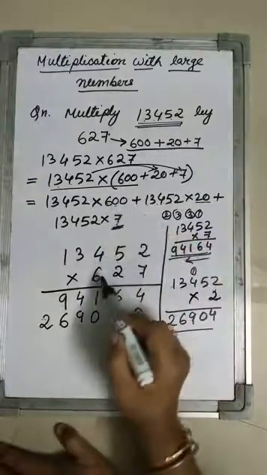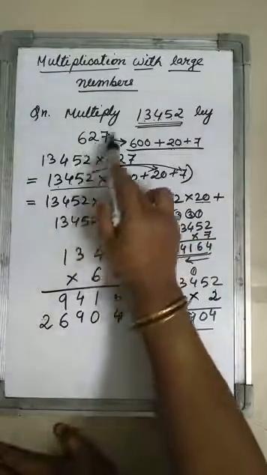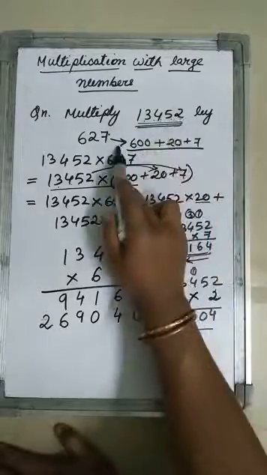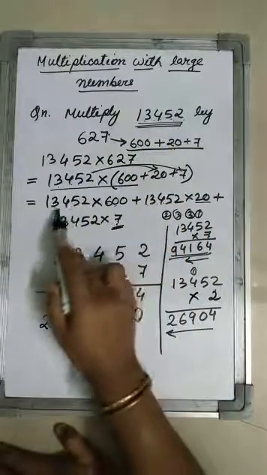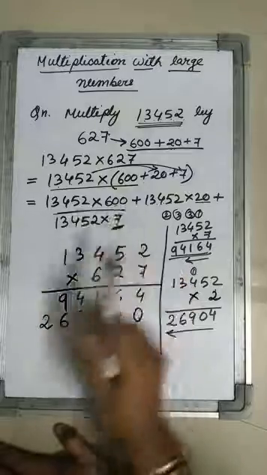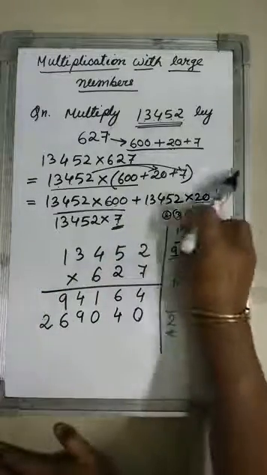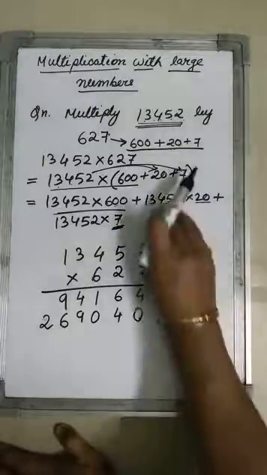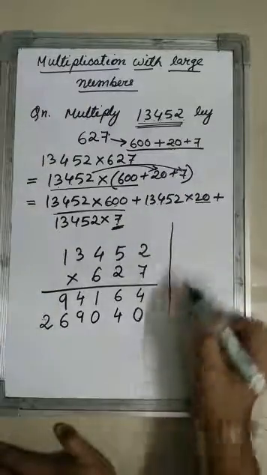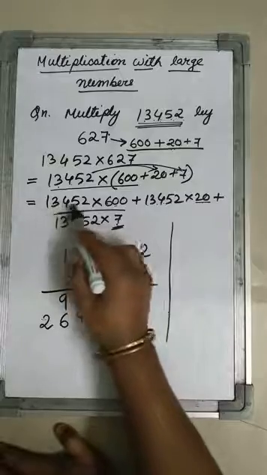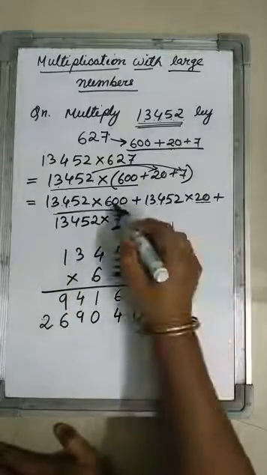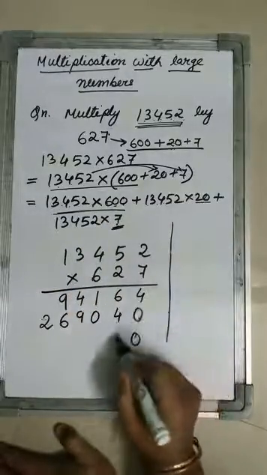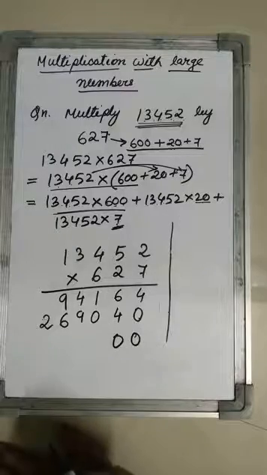Now we are going to multiply 13452 by 600. So here what you have to do, you have to multiply 13452 by 600. These two zeros I can write here.